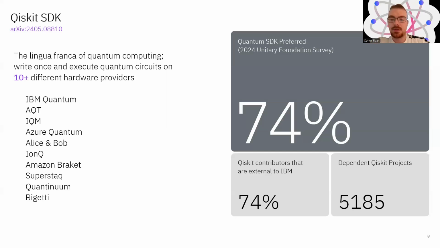There are also 5,185 Qiskit dependent projects that are, I suppose, research level or general interest level that allow people to just take Qiskit and tackle a specific problem that interests them.